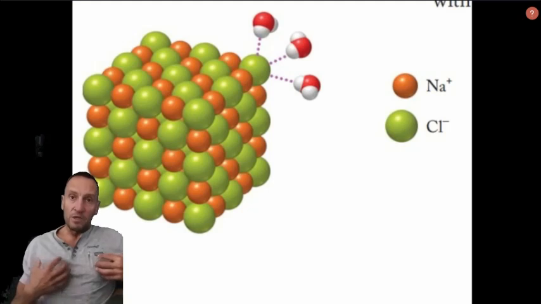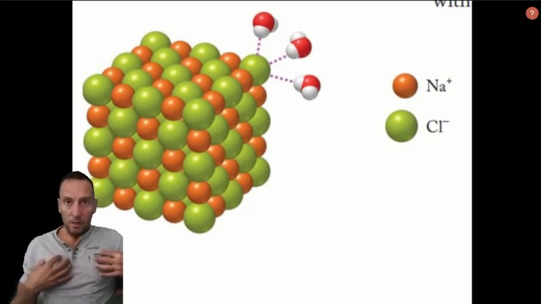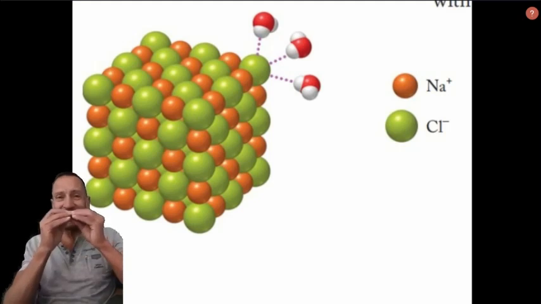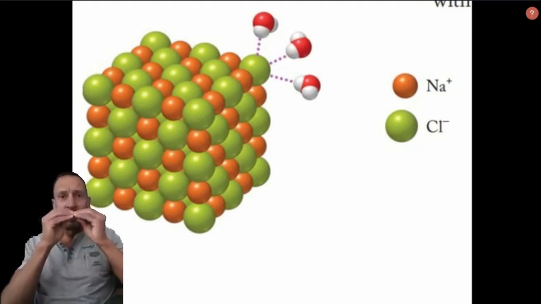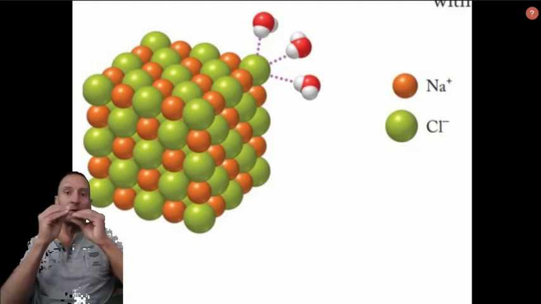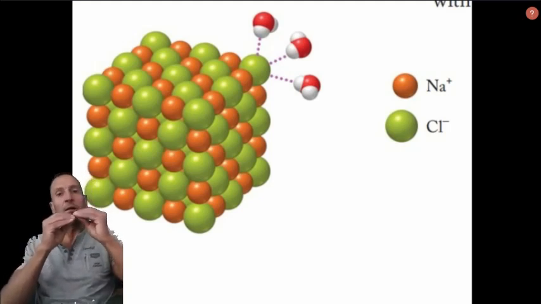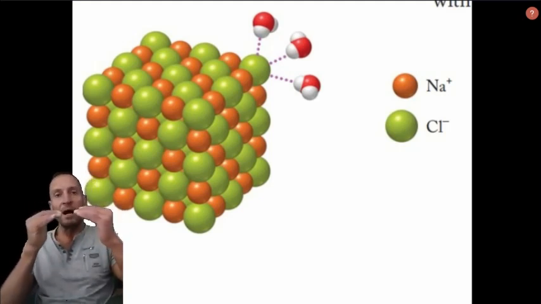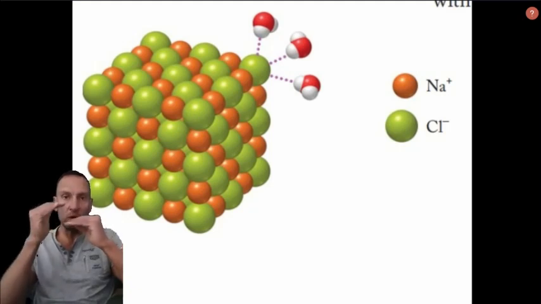My body didn't have enough salt, but your cells need to have exactly a very limited range of sodium ions and potassium ions. If you've got too many potassium ions, you die.